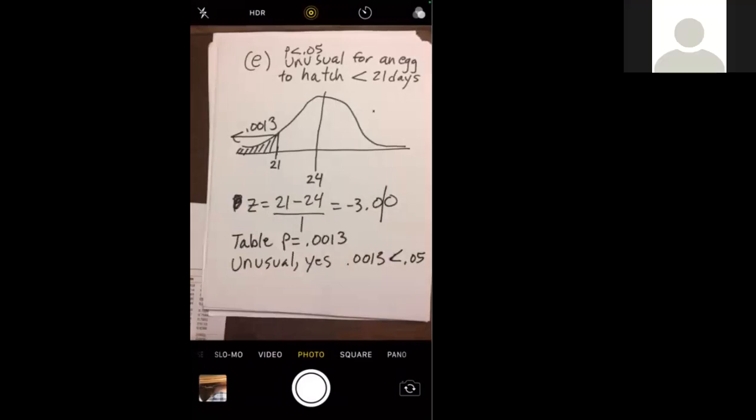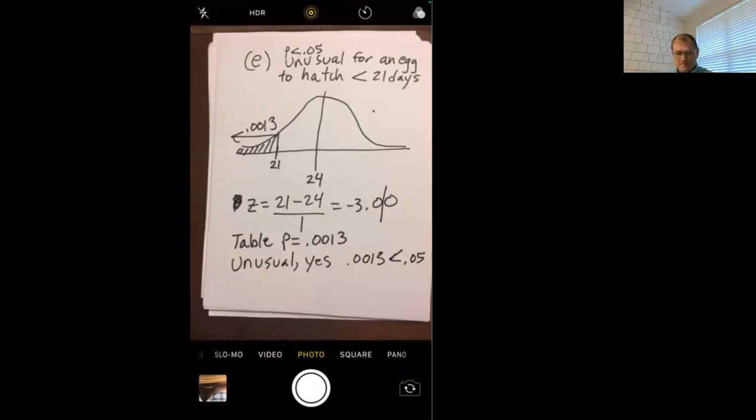And then the selection here, I'll select would be unusual, right? Yes, it would be unusual. And then it is less than 0.05.